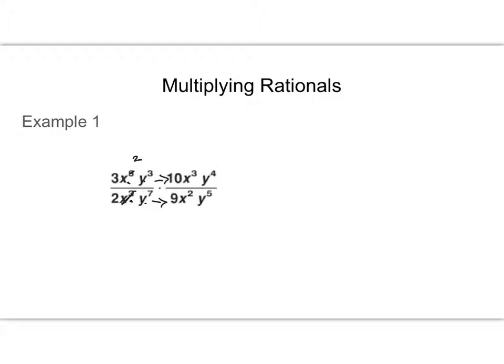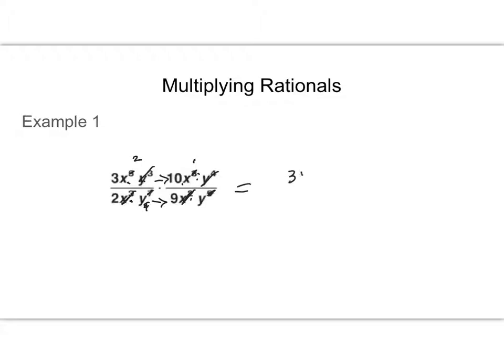If I look at these two terms, y cubed over y to the 7th, I have 3 y's in the top and 7 in the bottom. So that's going to leave me with 4 down there. And then over here, I have 10, and I have 9, and then I have x cubed over x squared. The x squared is going to cancel out, and I'm going to be left with x to the 1st. Y to the 4th is going to leave me 1y in the bottom.